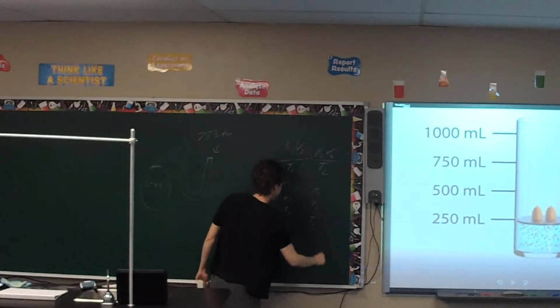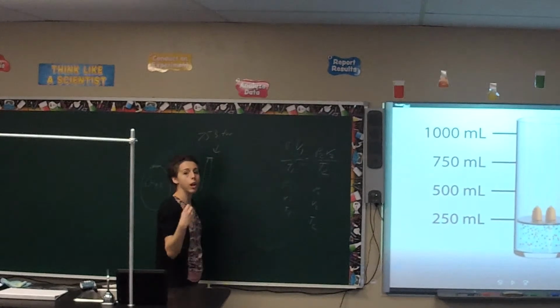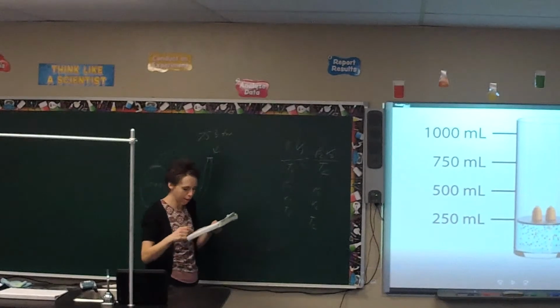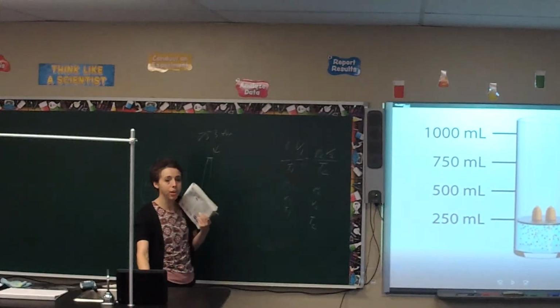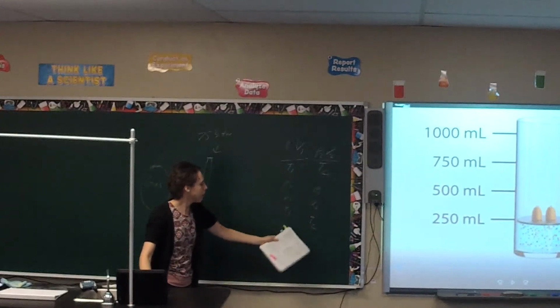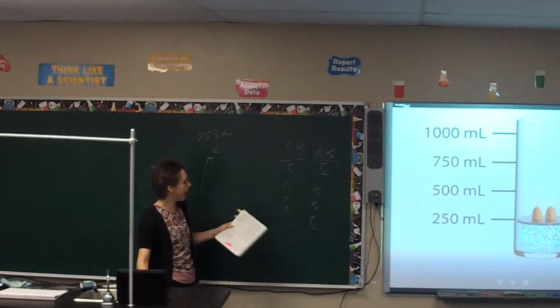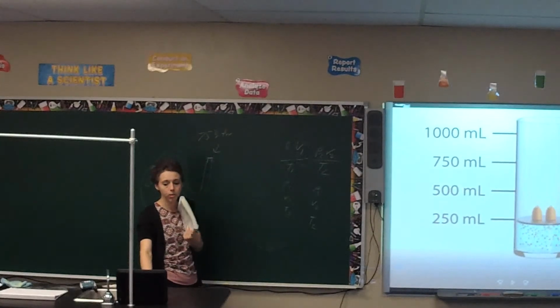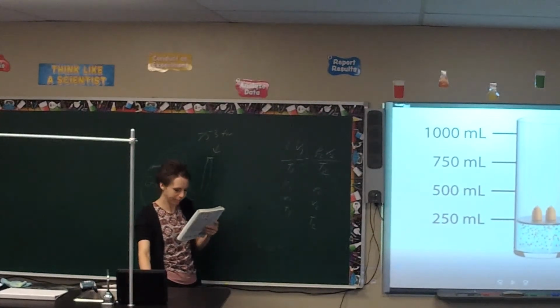That way it helps them to see what am I finding, where am I going. Because if you have a complicated problem, like the one I gave you in 5.5, it'll help you to see what am I starting off with, what am I ending with, and what am I finding. So I would highly recommend that you do your setup like this because it'll help you figure out what you need to do and where you need to go.